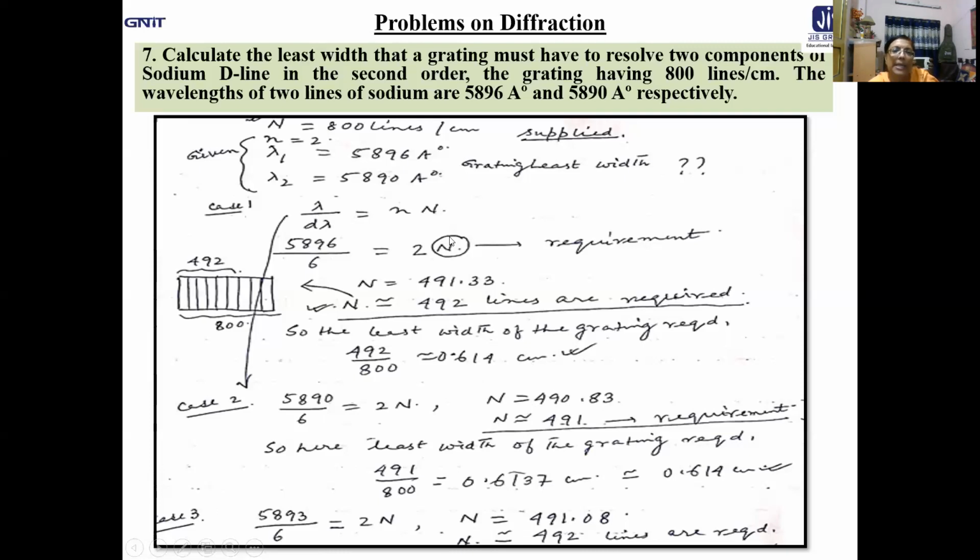So there are two things you have to be careful about in this type of resolving power problem: whether capital N is supplied or whether it is required, and accordingly you go for the problem. In the case of lambda 1 and lambda 2, you can use either of them or their mean if it is not specified. I hope you are understanding the grating least width factor very clearly, isn't that?